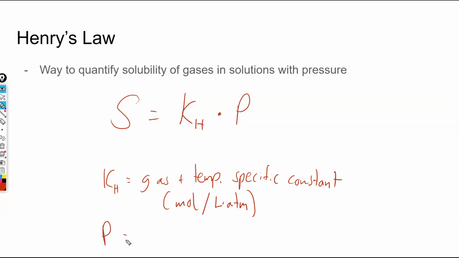And this pressure is going to be the partial pressure of the specific gas. So we talked about partial pressures a while ago, which was the pressure of one gas in a room of gases, exerted by the gas in question.